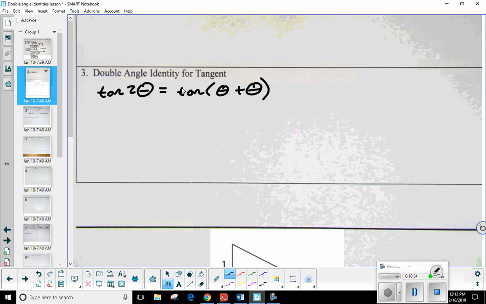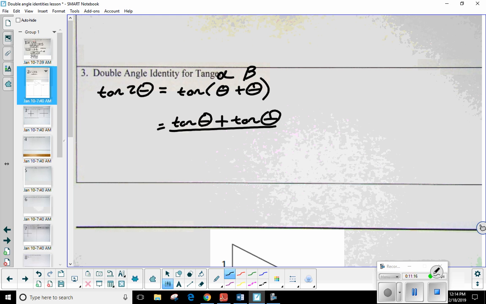So again, we're taking the sum identity for tangent, but alpha and beta are the exact same value, whatever that happens to be. Let's think about what the sum identity was. It was the only one that went fractional.